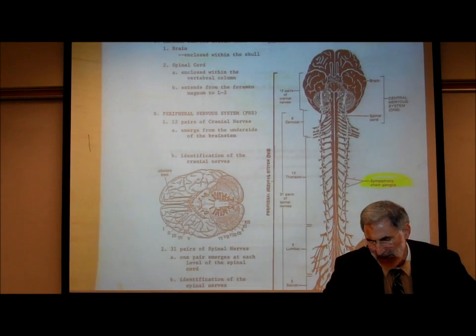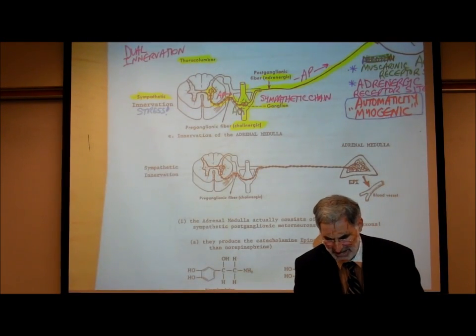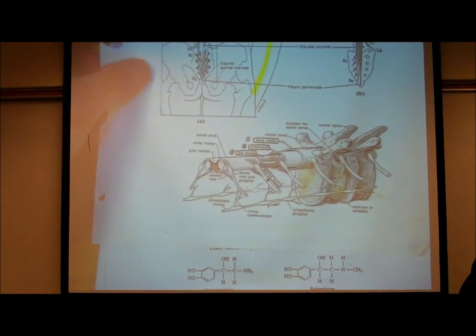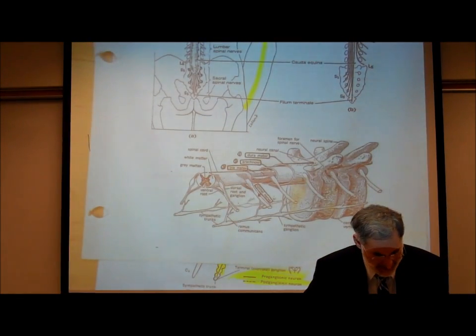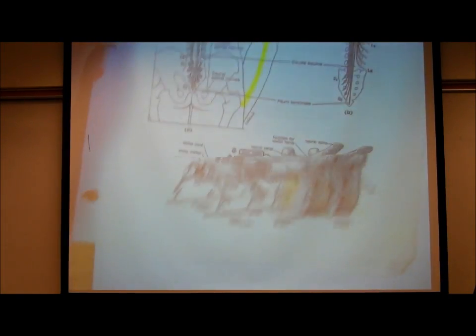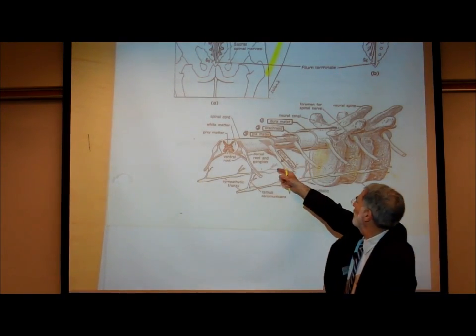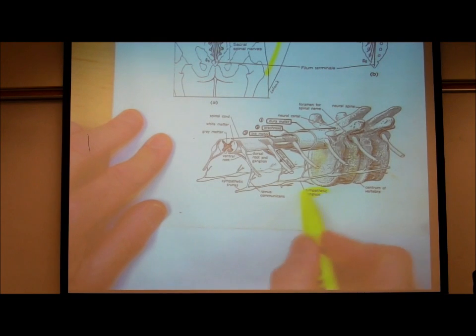Look on the next page, page 27. The next page, page 27. Let's look at the bottom picture. Remember this? Some of you might even remember this from an anatomy class. You'd say, okay, so what? That's the spinal cord. Here are the spinal nerves coming off. Let me draw your attention. Look at this.